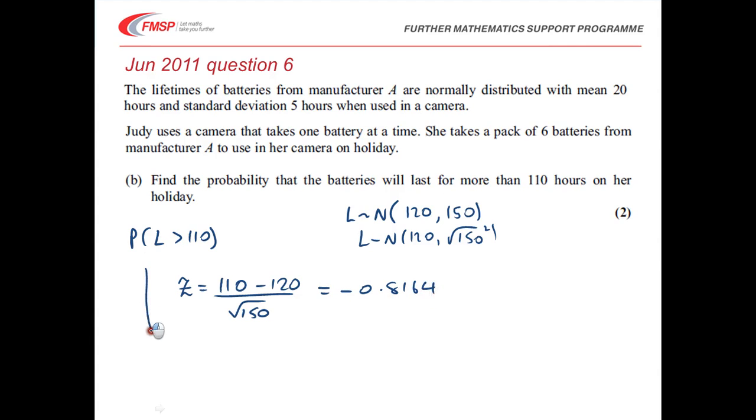So in other words, it's the same as finding the probability of Z being greater than minus 0.8164, and this is really horrible on lots of counts, so we need to swap it round and deal with negativity, and if we do that, by symmetry you can argue that it just swaps over. So that's what we're tasked to do, work out the probability that Z is less than 0.8164.